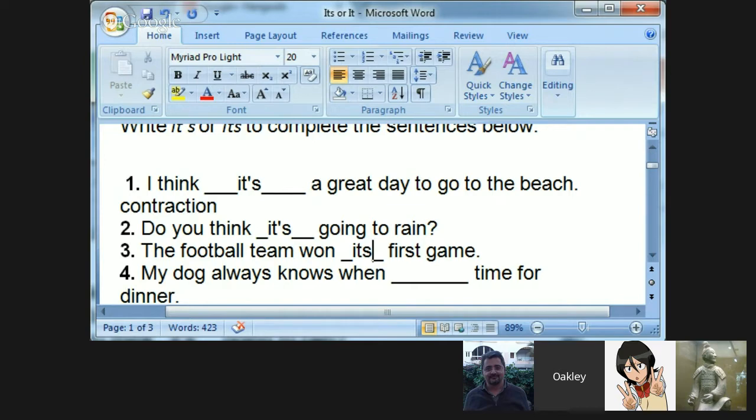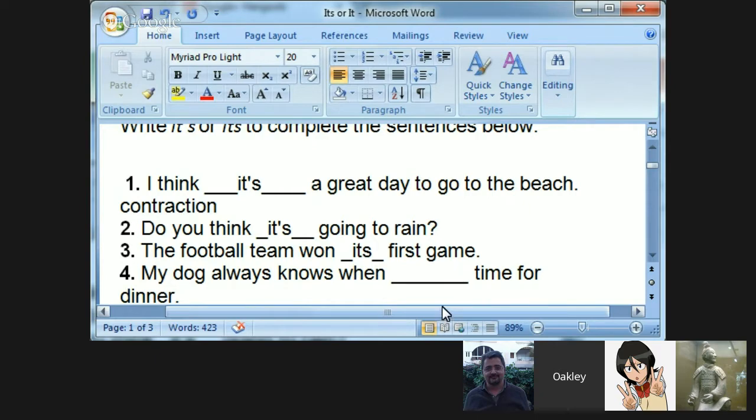Which, by the way, grammatically speaking, is a correct sentence. There's nothing wrong with that sentence, technically speaking. It just sounds repetitive and silly, that's all.